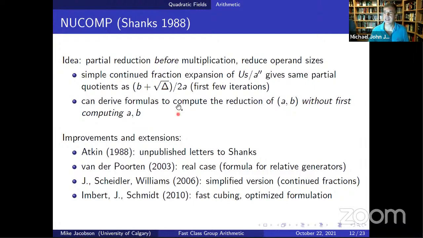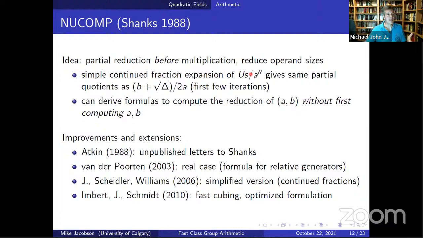So what that means is you can figure out what the continued fraction of this quadratic irrationality looks like, at least for several steps, without actually having to compute B and A themselves. You can just use U, S, and the A double prime or A2 here, and you can figure out the continued fraction.